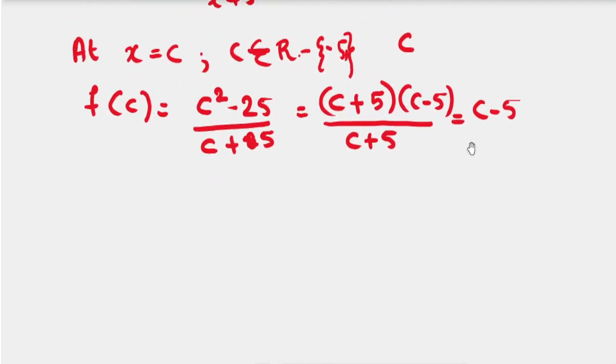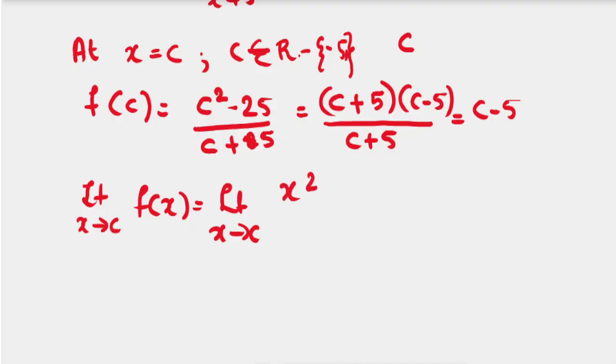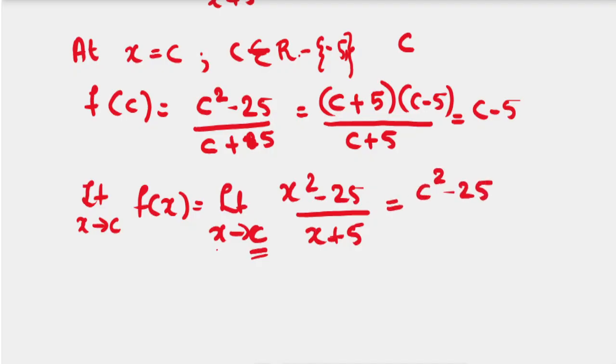Next we'll see the limit. Limit x tends to c f of x equals limit x tends to c, the function is x square minus 25 divided by x plus 5. Now we can apply the limit, put x as c, which is c square minus 25 divided by c plus 5. Again we will get this as c minus 5. Again f of c and limit x tends to c f of x are equal.